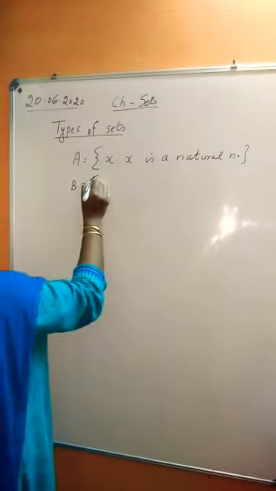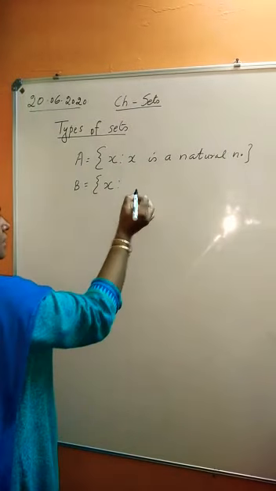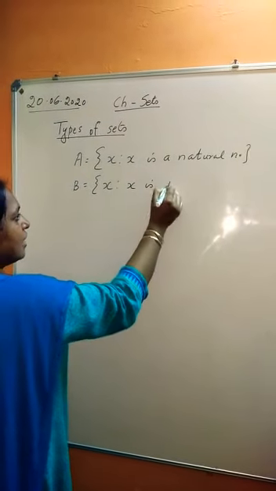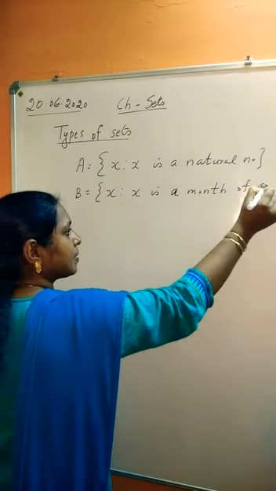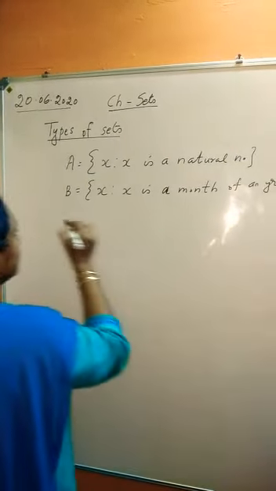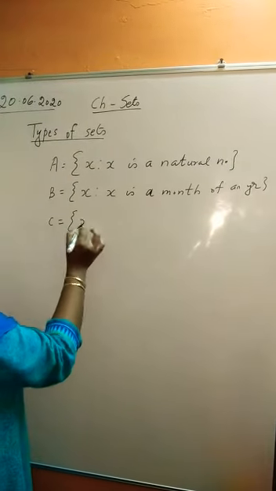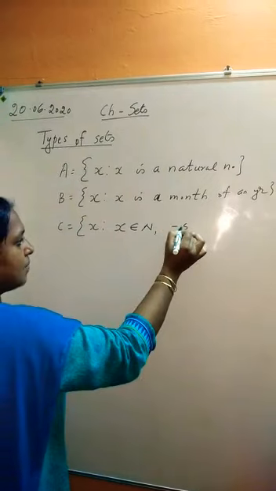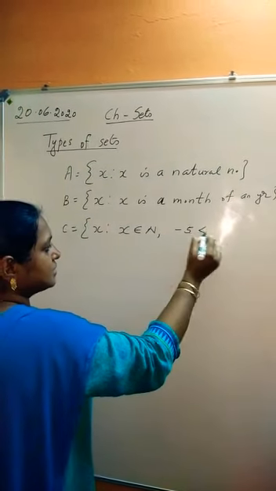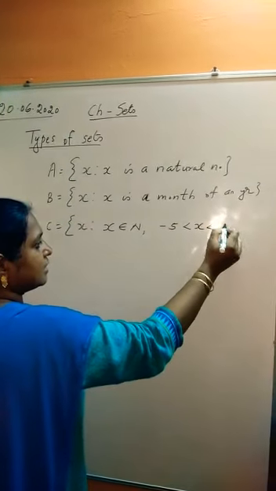B is the set of x such that x is a month of a year. C is the set of all x such that x belongs to N and minus 5 less than x less than 7.